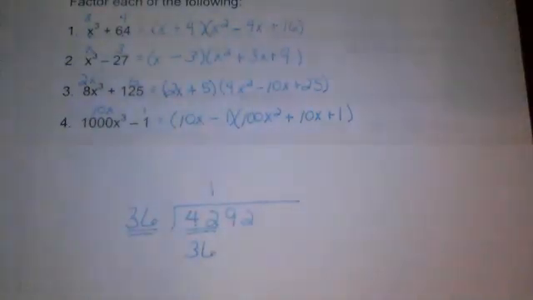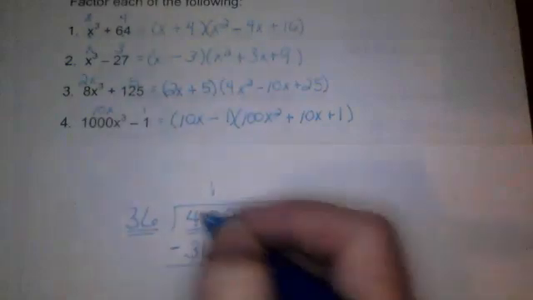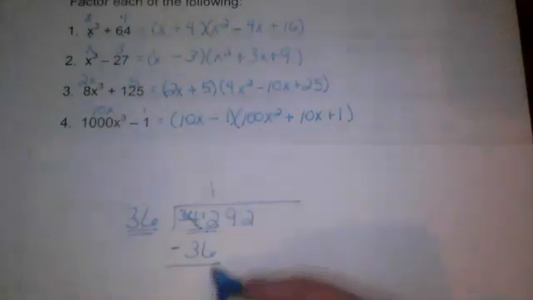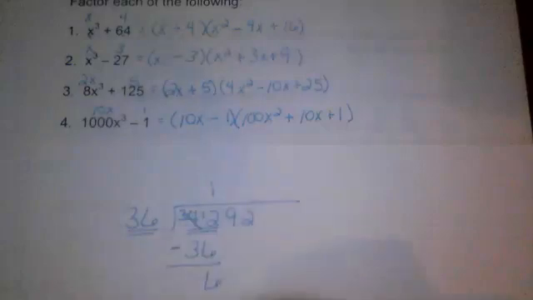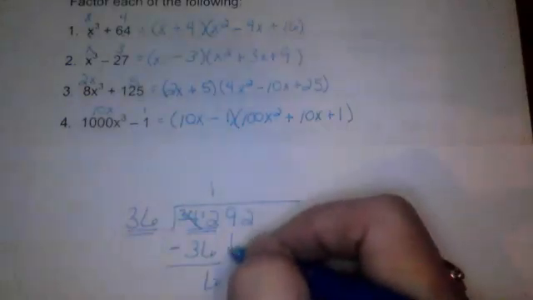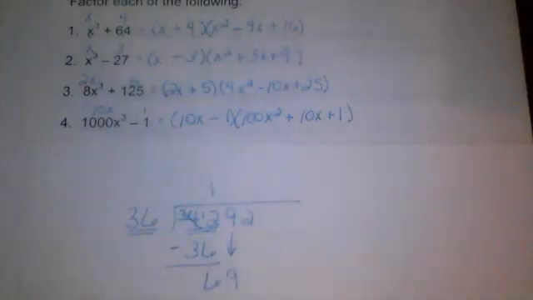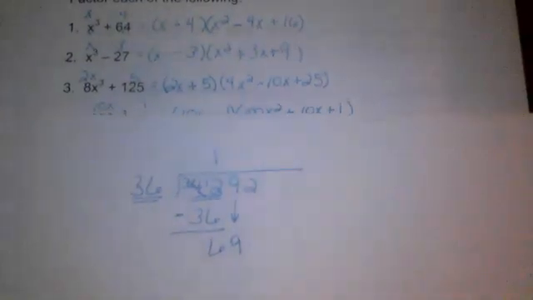And then the next step was to subtract. When you subtract, you got 3, 1, so the 6 has gone away. And the next thing you did was bring down the next number. Everybody remember how to do this? And then we estimated again. How many times will 36 go into 69?